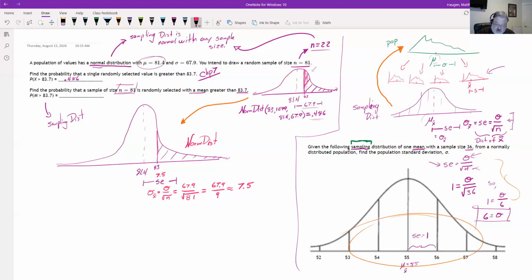But this would still be a normal distribution. It would still be 83 to infinity. It still has a mean of 81.4 because the mean of the sampling distribution is the mean of the population. It just has that smaller standard error. What does that value end up being?